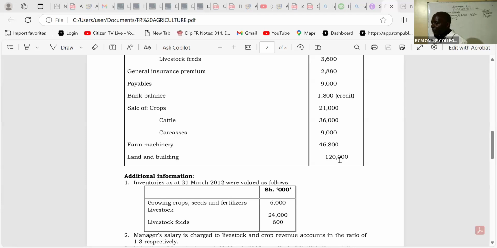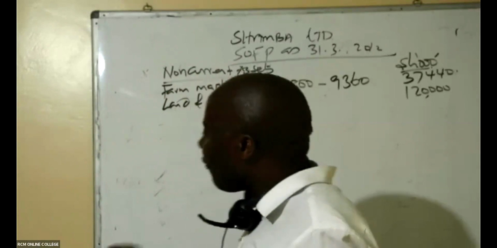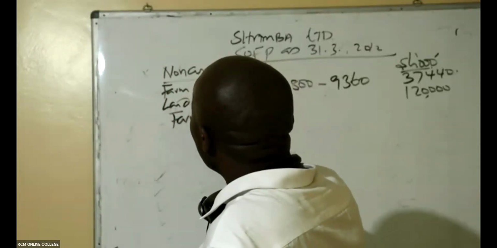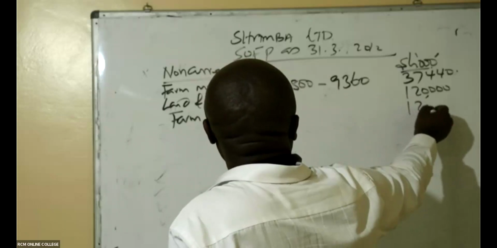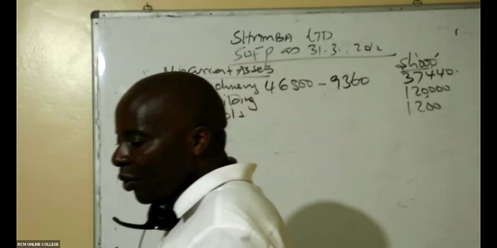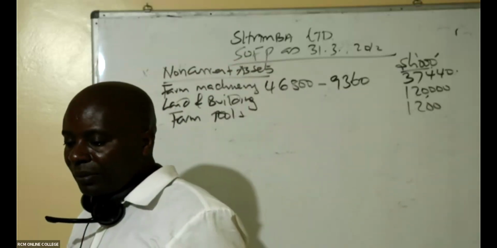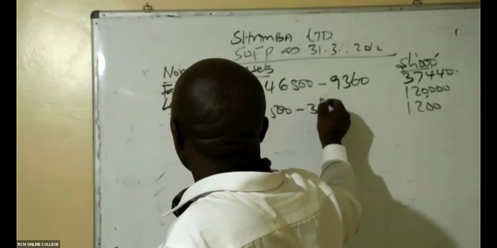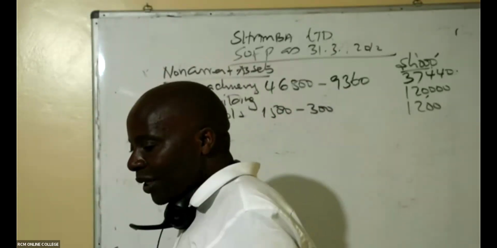After that, we also have other non-current assets known as farm tools. If you remember, they did a valuation at the end of the year, and the value was 1,200. Or you can begin with 1,500, then subtract the depreciation of 300 to get that 1,200.